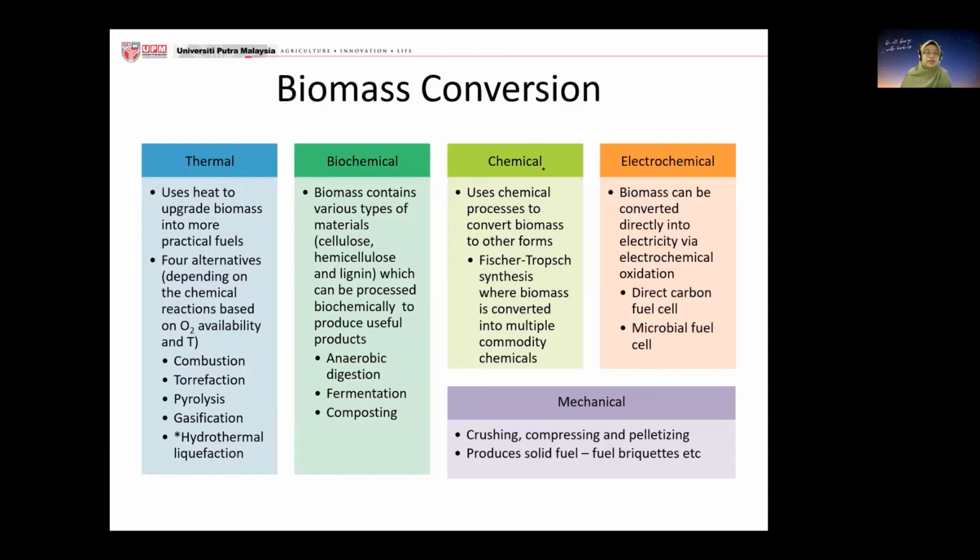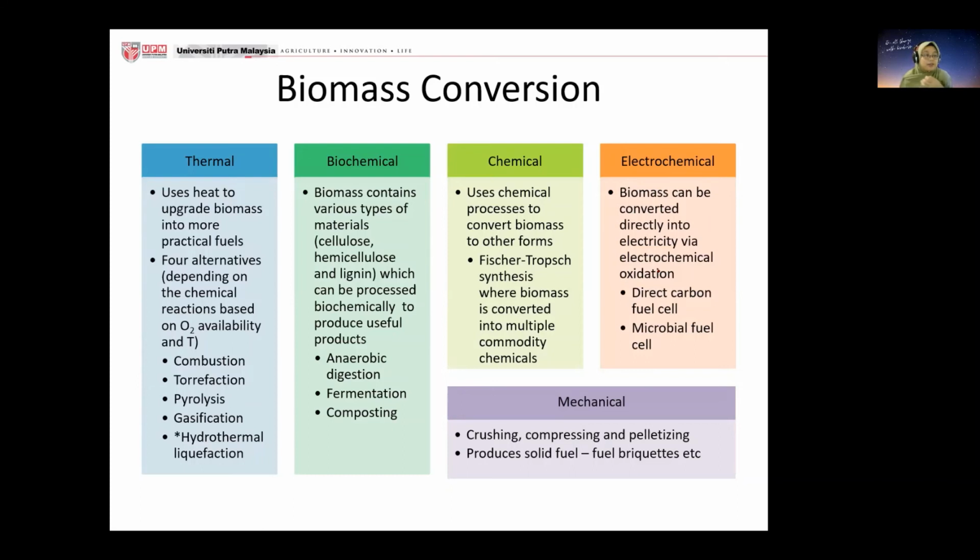Other than chemical, electrochemical conversion is also possible, where you can directly convert biomass into electricity via electrochemical oxidation. This generally relates to fuel cells.